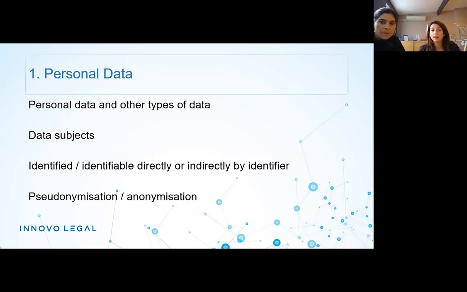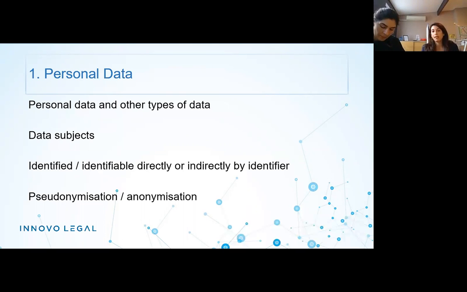A key aspect is whether you can de-identify it. So you've got two concepts here. One is pseudonymization, which is basically taking away some parts of the identification of your data, and then anonymization, which makes it completely removed from you, and you can't identify that person anymore.